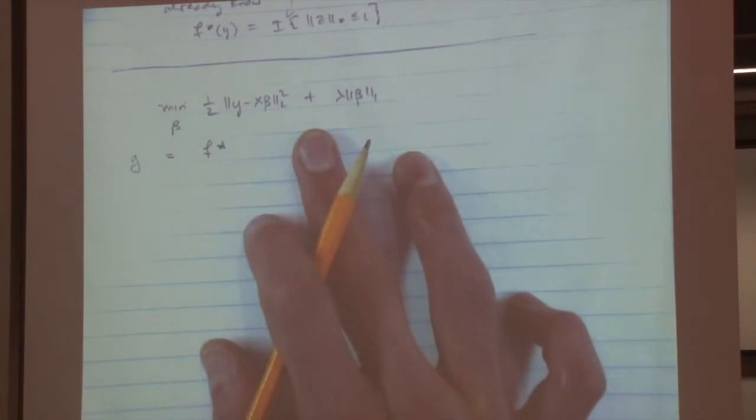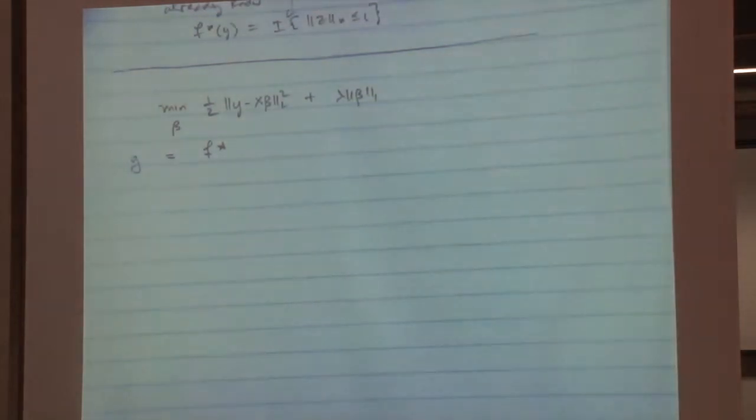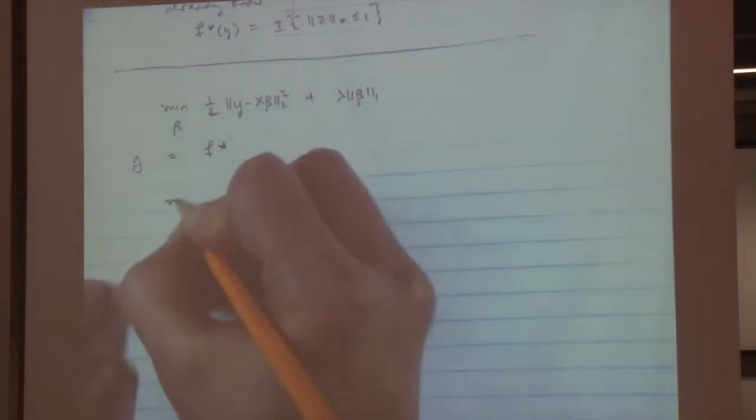Here's our first dual trick. We're going to introduce some auxiliary variables, just create fake constraints. That'll give us dual variables that are not trivial or vacuous, and we'll be able to derive a dual. You can do this in more than one way.